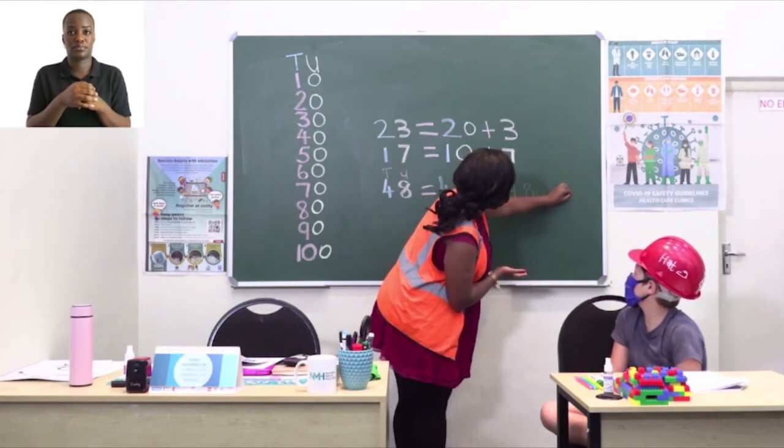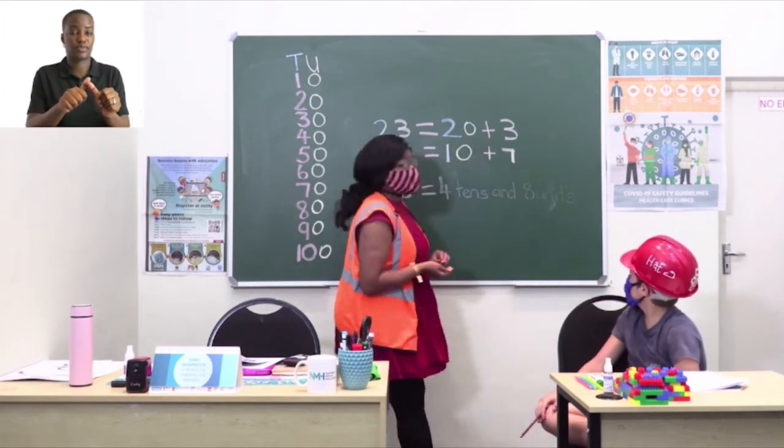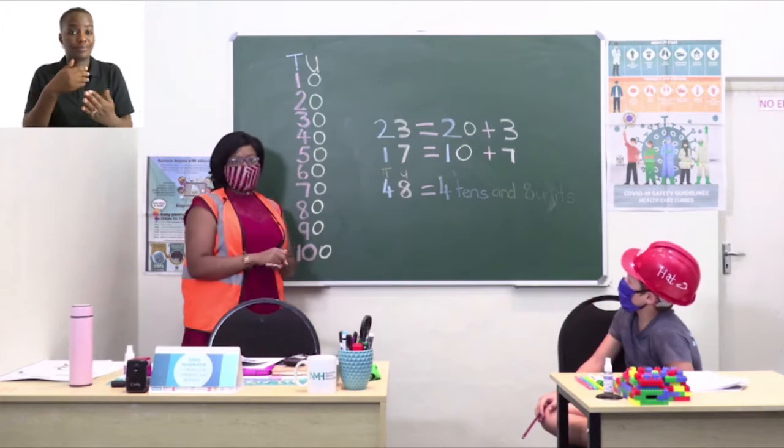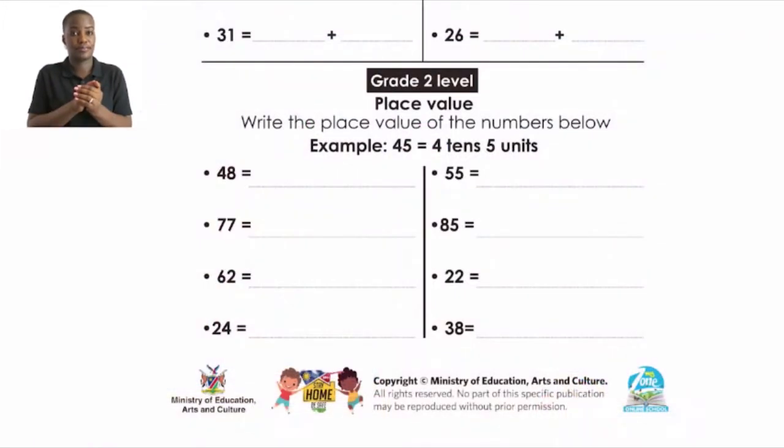Now, as you continue, if you get stuck on your page, you are going to just write a small T on top of the first digit you see and a small U on top of the second digit that you see. That way, you'll be able to complete the exercise by yourselves.